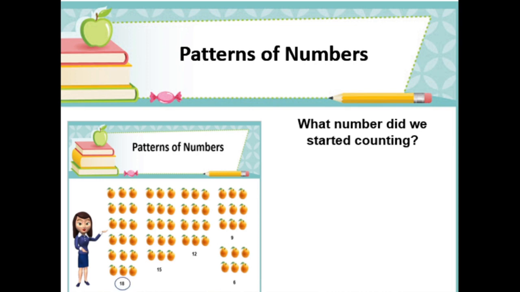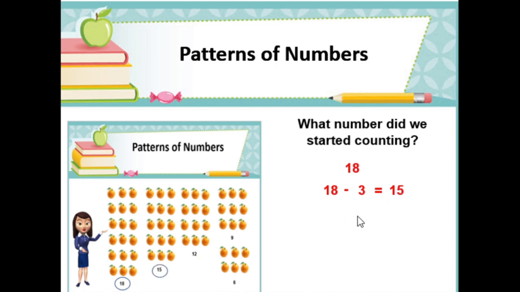We began with 18. And then after 18, how did we get 15? We subtracted 3. So it's 18 minus 3 equals 15.